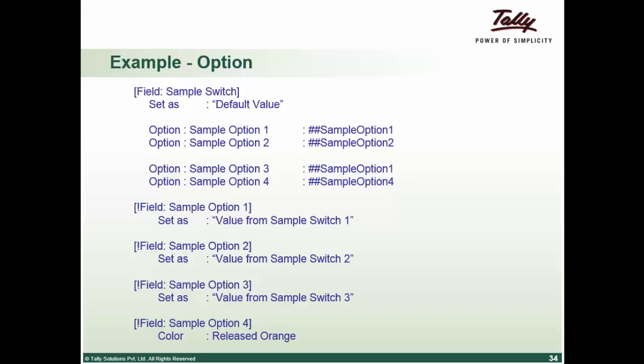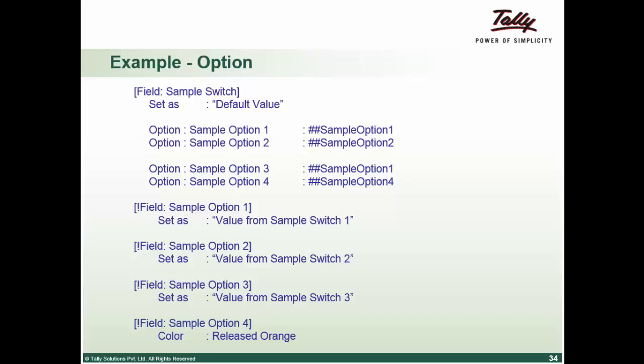So the condition at option 1 is set as value from sample switch 1, so that will get executed, and at 3 also we have a set as. Now this field cannot have two set as, so what will happen is only the last one, value from sample switch 3, will get executed and 1 will not get executed.